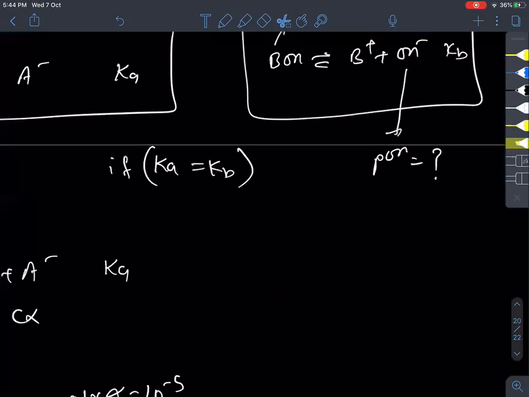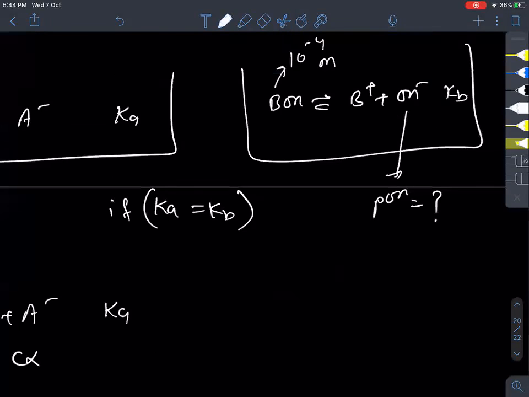Now I'm interested in the value of pOH. So how to get that? Very simple. BOH gives B plus and OH minus, with value Kb.